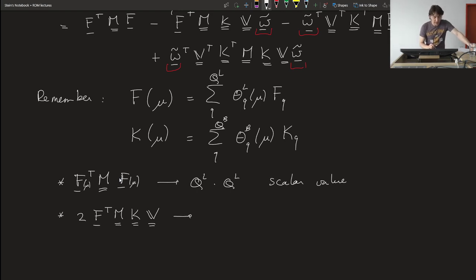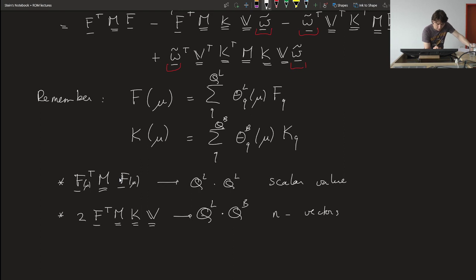So how many of these am I getting? Well, I'm getting QL different components from my force vector in this affine decomposition, and I'm getting QB stiffness contributions. So I'm getting QL times QB times a vector with small n components.